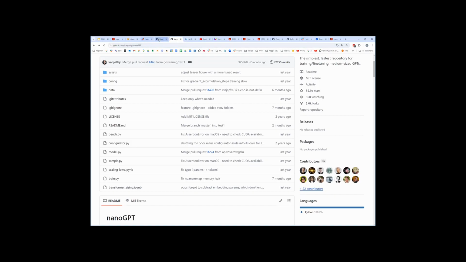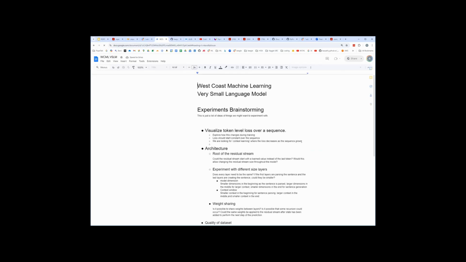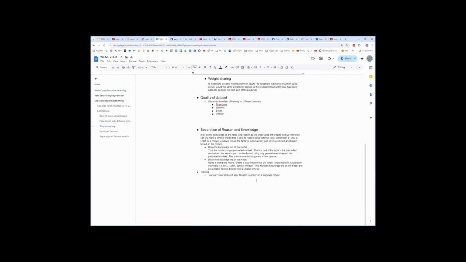So the one other thing I wanted to point out was this page, which is just a Google Doc for us to put ideas about things that we want to train. So we'll put on here, what do we call this?